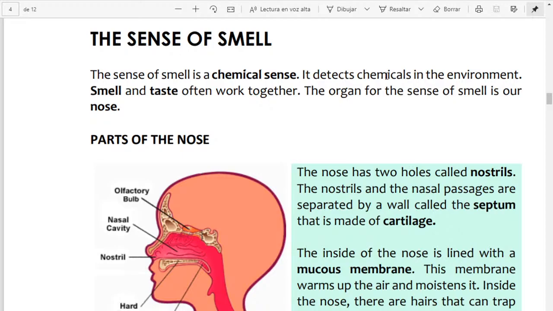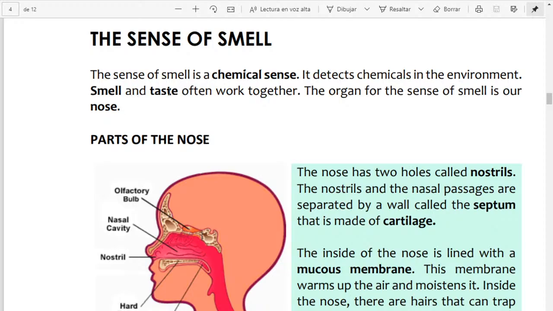When these chemicals enter our noses, they are detected by this part here. These are the nervous terminals of the sense of smell, and they are sent to the brain. So that's why we call the sense of smell a chemical sense.